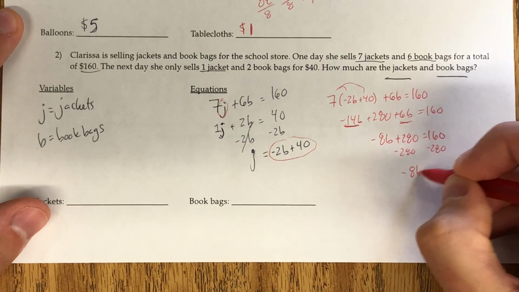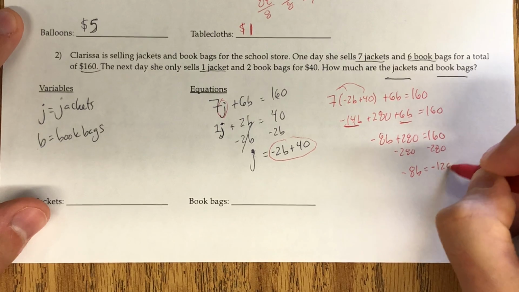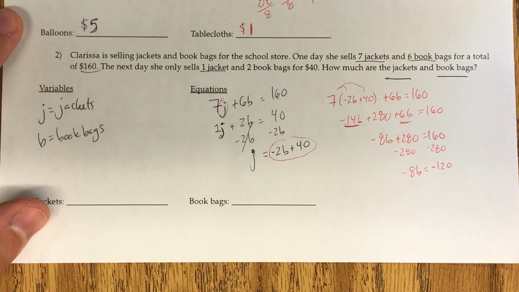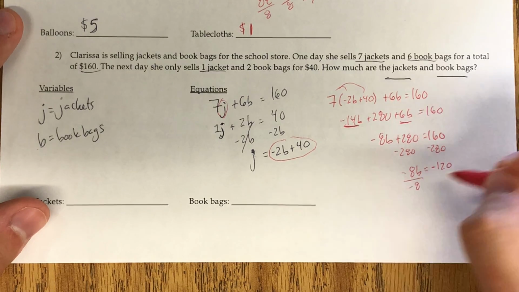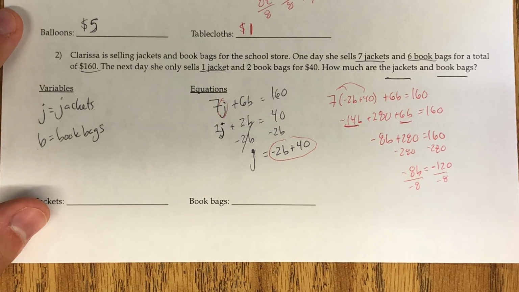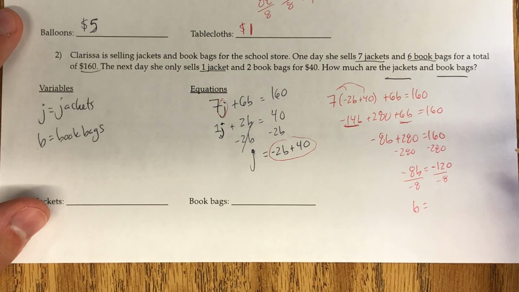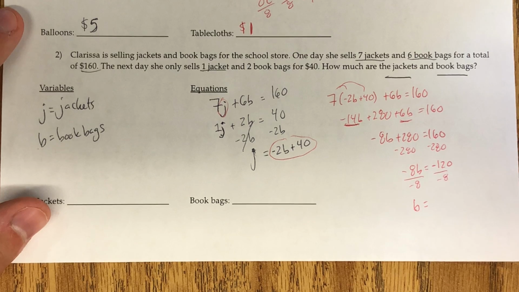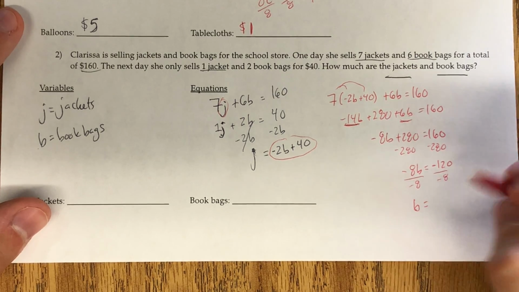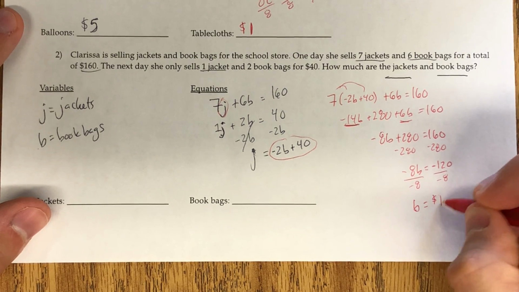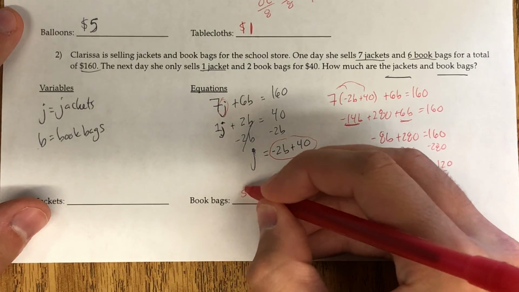We get negative 8B equals negative 120. Divide both sides by negative 8, and we get B equals 15. So book bags cost $15.